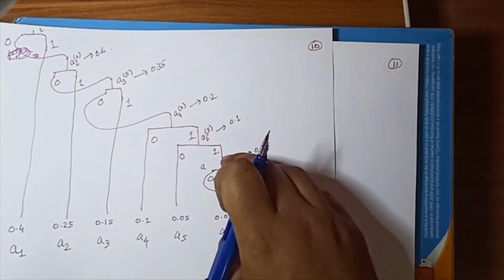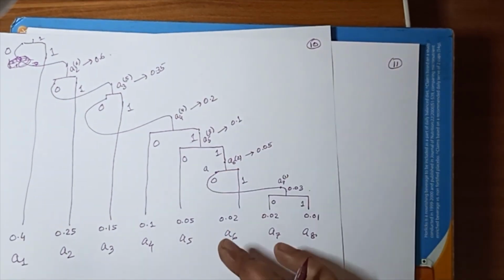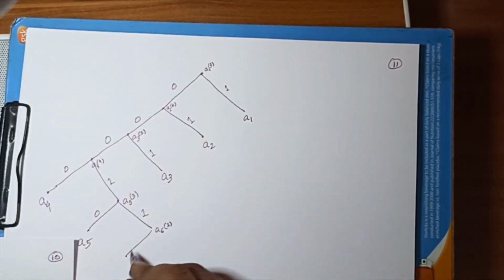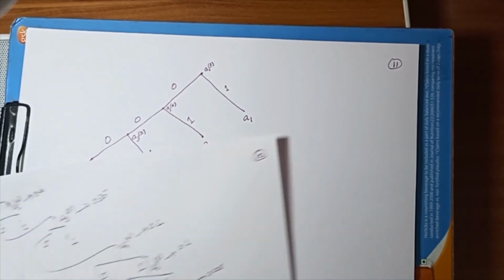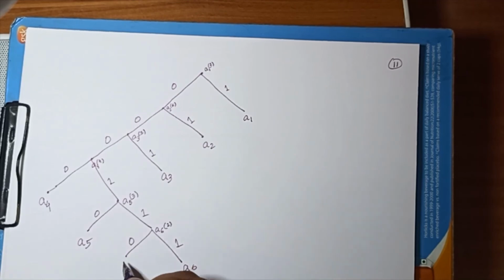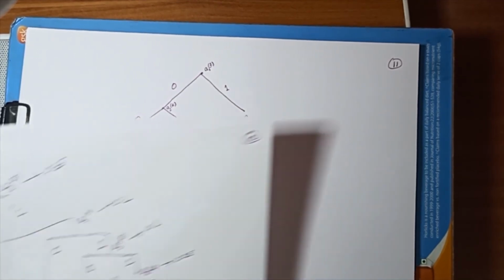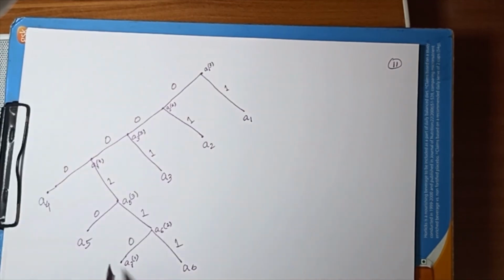Now A62 again 0 and 1. 1 goes to A6 and 0 goes to A71. And that again partitions into 0 and 1, A7 and A8. So this is the complete tree.